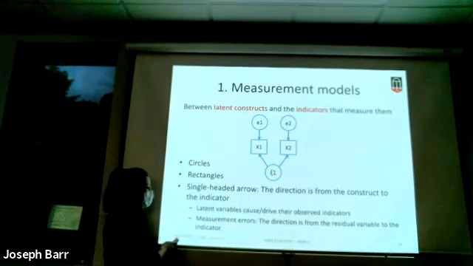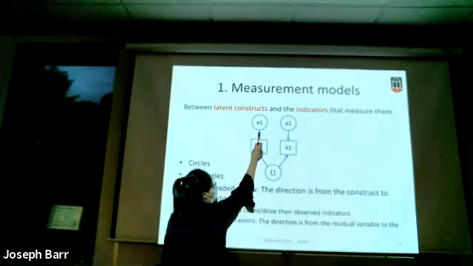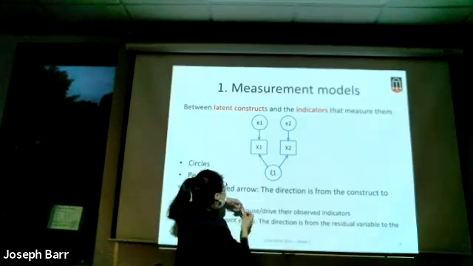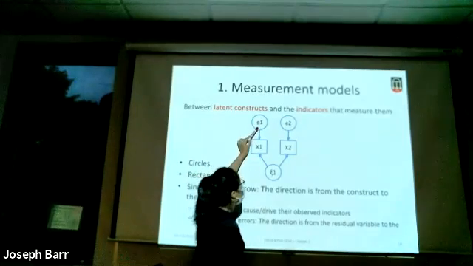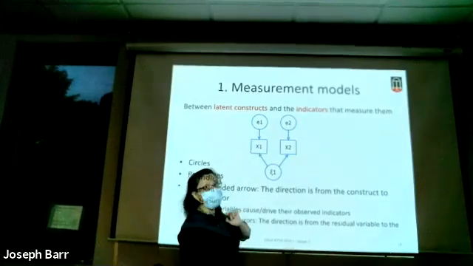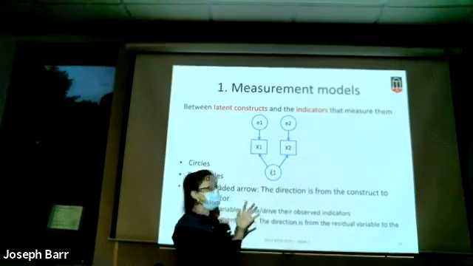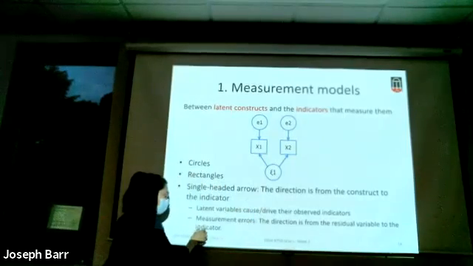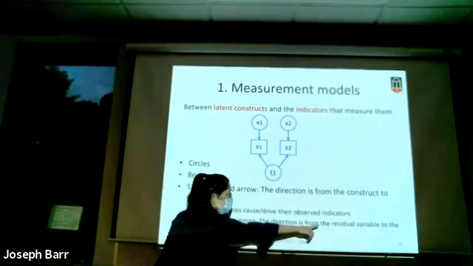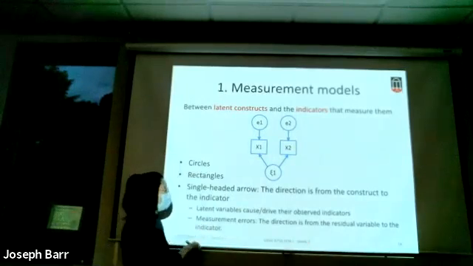And we also have some measurement errors. Again, the measurement errors are from circle to observed rectangles. The direction is from the residual variable to the indicator.